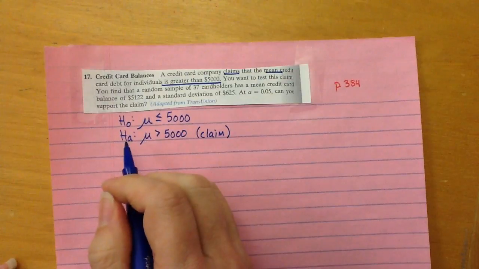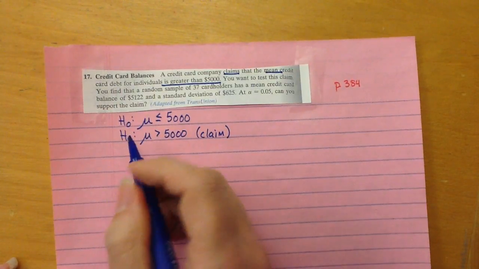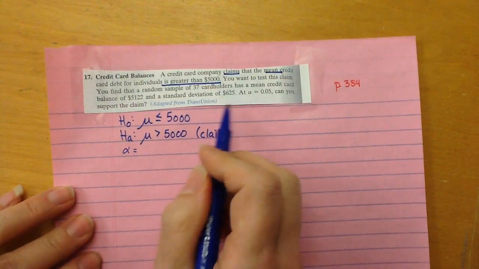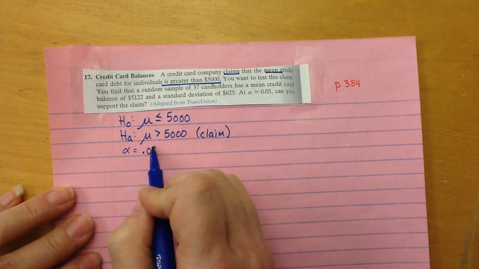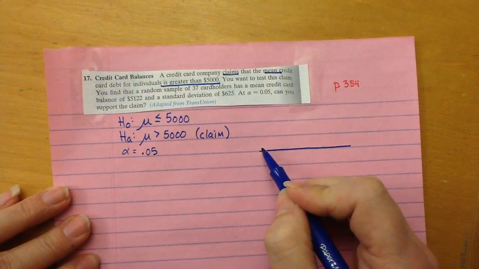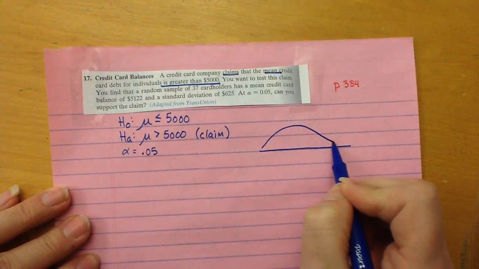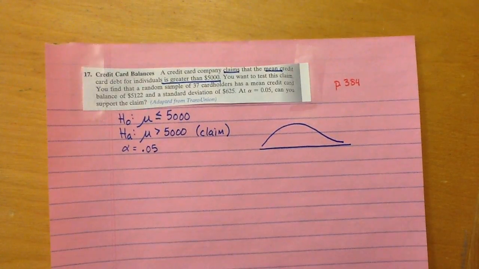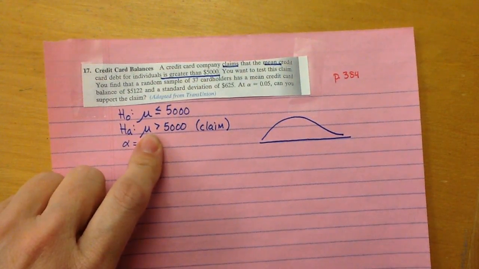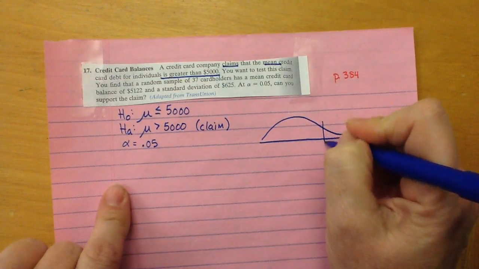Next step is to identify level of significance. So alpha equals, it's given in the problem, 0.05. And then I go ahead and draw my curve. Since my alternative hypothesis is greater than, this is going to be a right-tailed test.